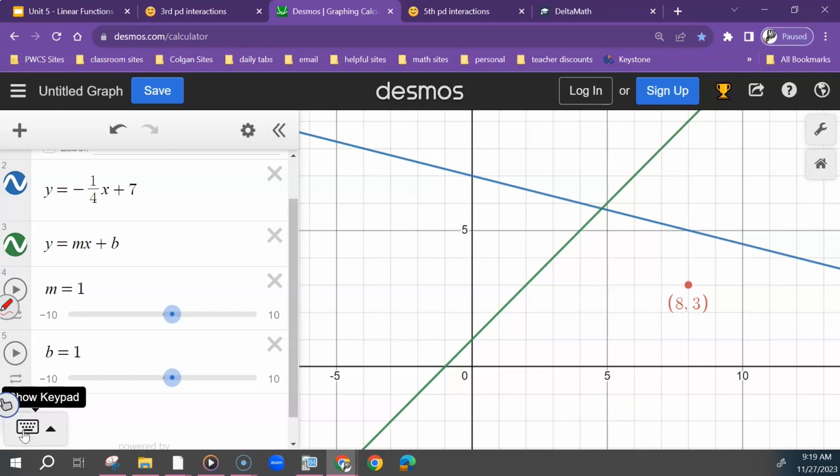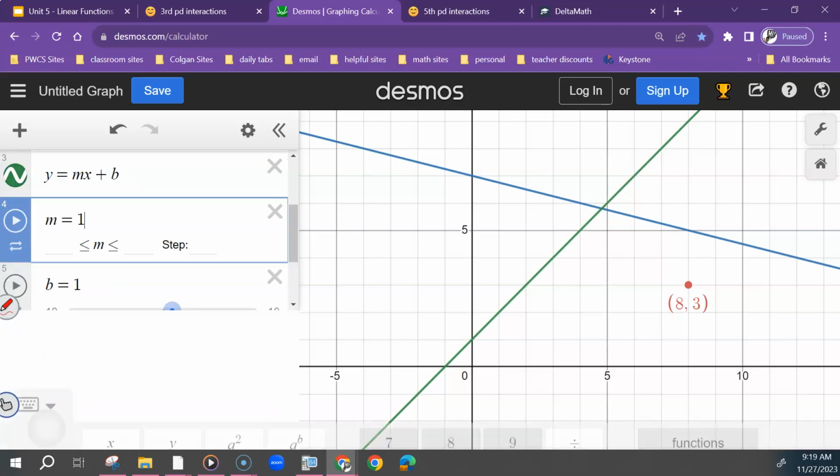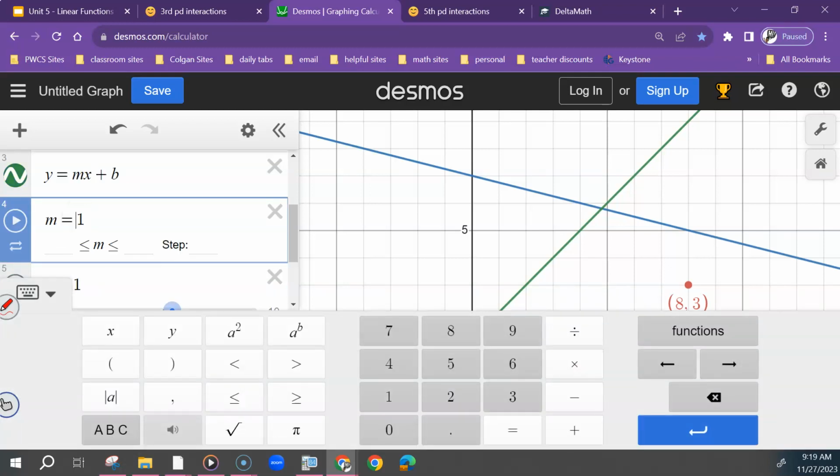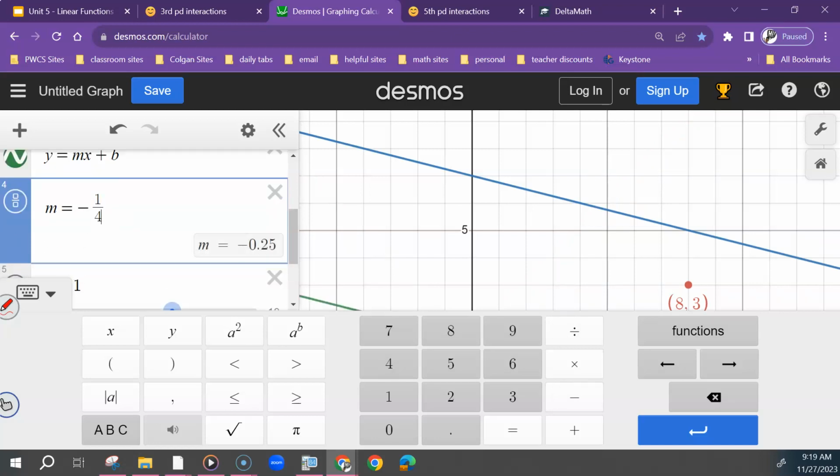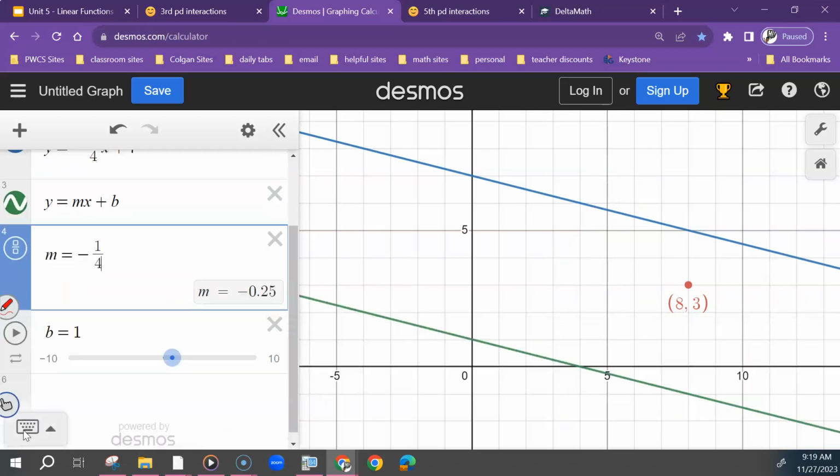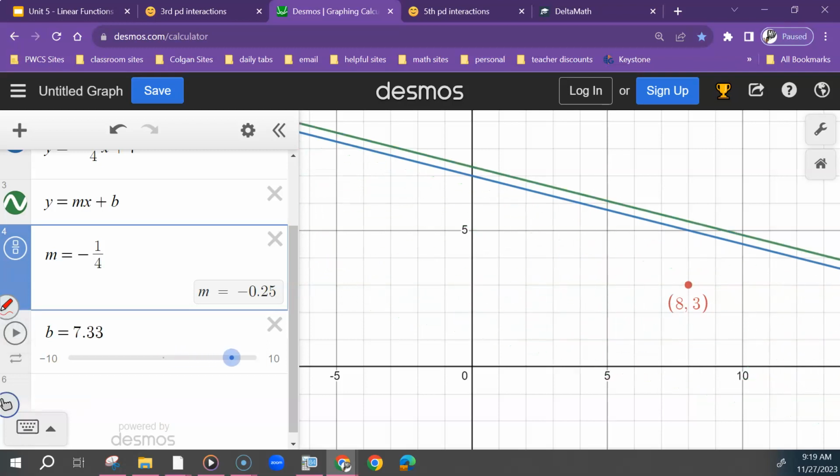So we're going to change our m to negative 1/4. And then we're going to move the b. You can either hit play or move it manually until it goes through the point.